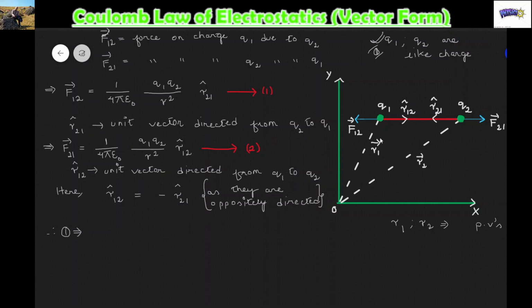Now when you look at this diagram, force F12 will be the force on Q1 due to Q2, and force F21 will be the force on charge Q2 due to Q1.